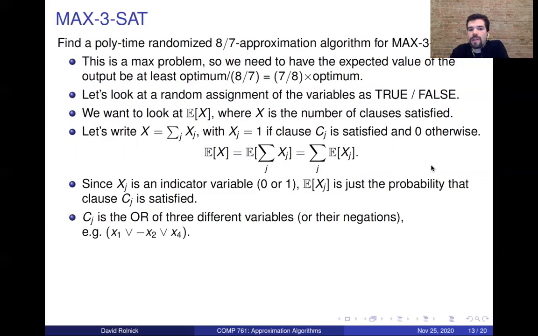So remember that a clause is the OR of 3 different variables or their negations. So it's true if x1 is true, or if x2 is false, or if x4 is true. Any of those can be true. We don't have to have all of them. We just have to have one of those things be true.